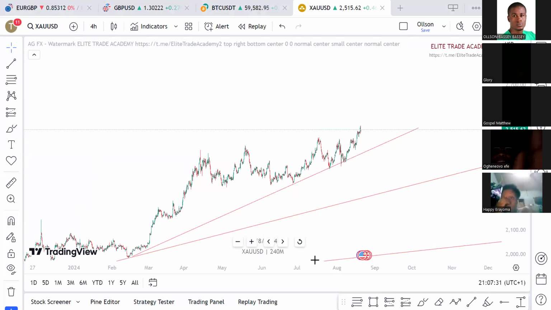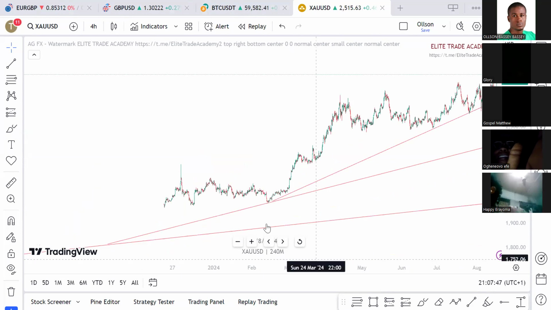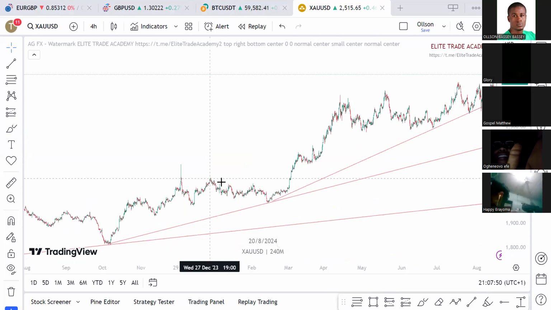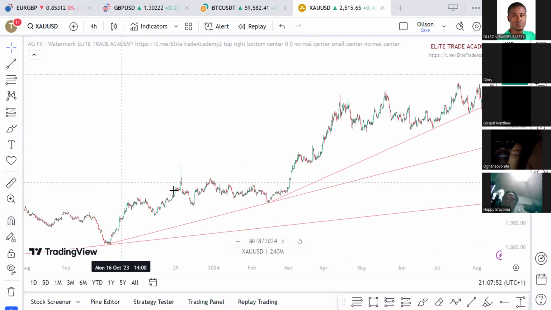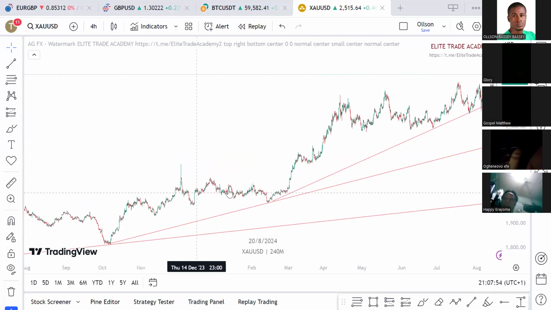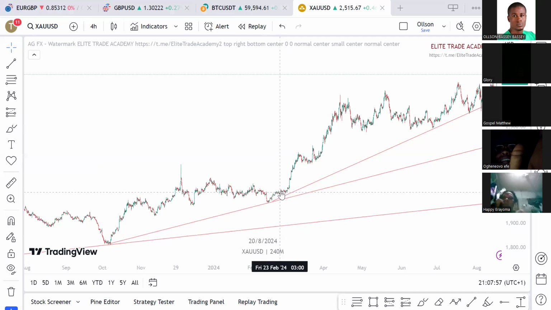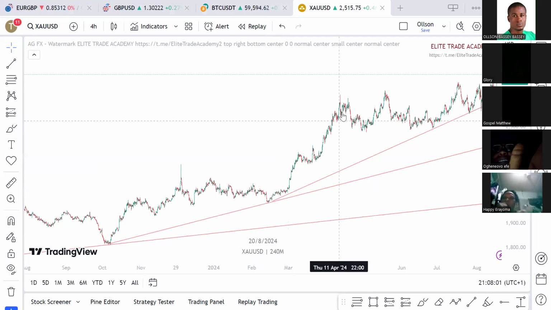It's rising in value. When we say price is bearish, that means we have a downtrend. And when we say price is consolidating, we are neither going up nor down. Price is moving in a sideways direction, just like what we have in this area on our chart. You can see price moving in a certain direction, not going up or down. But you can see that from this point, price started moving up.